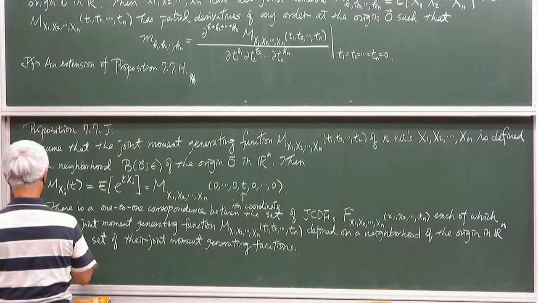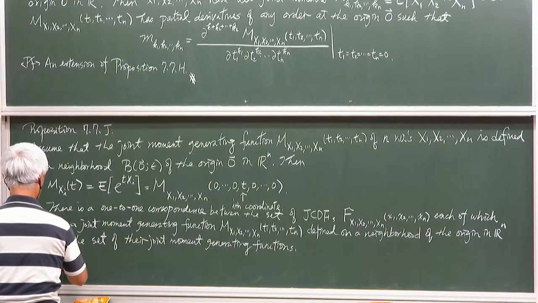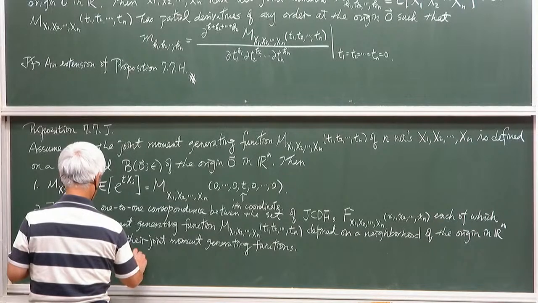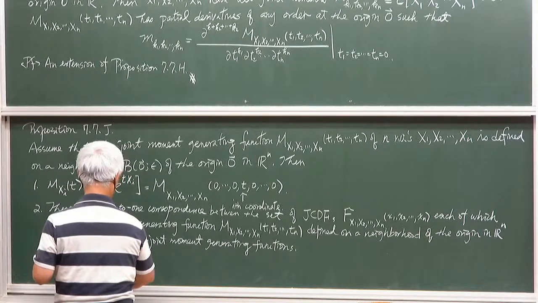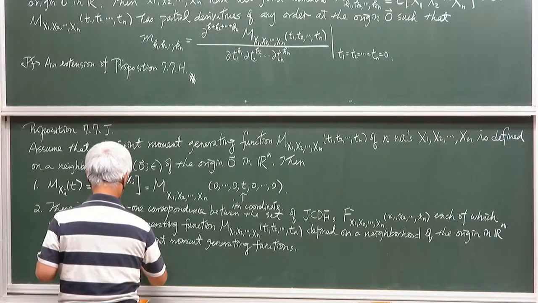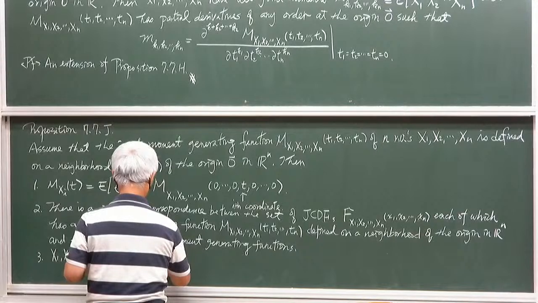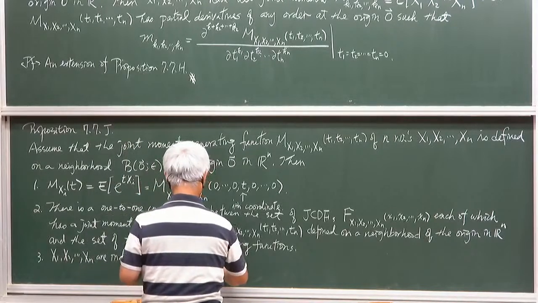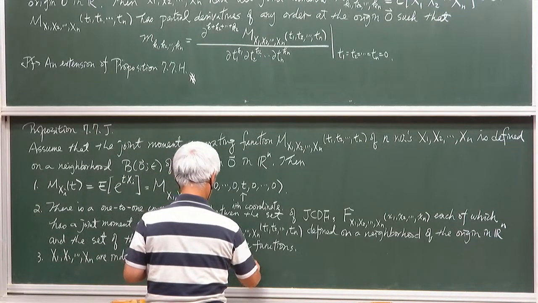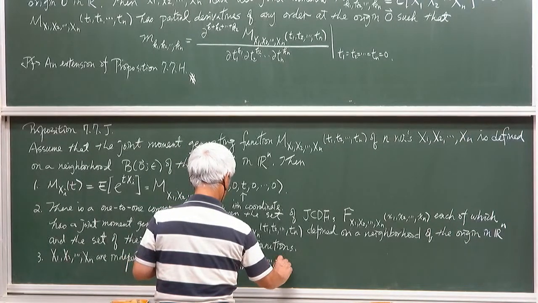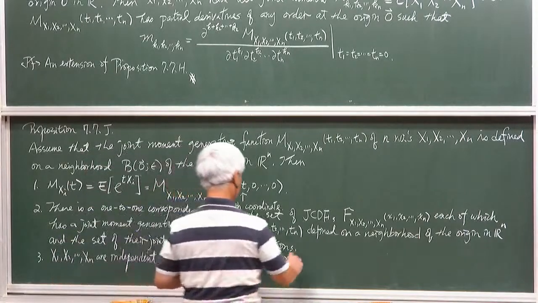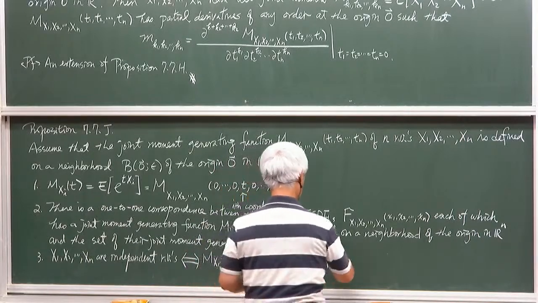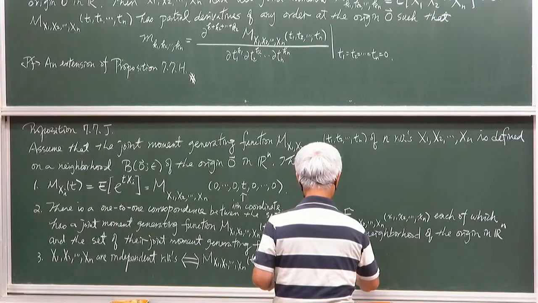And the third one: x1, x2 up to xn are independent random variables if and only if the joint moment generating function of these n random variables is the product of the moment generating functions of the individual random variables.